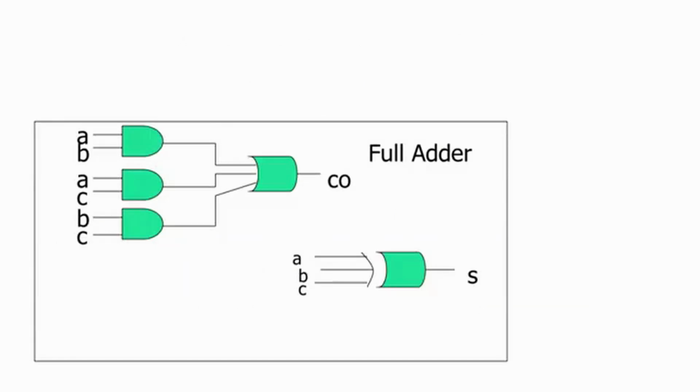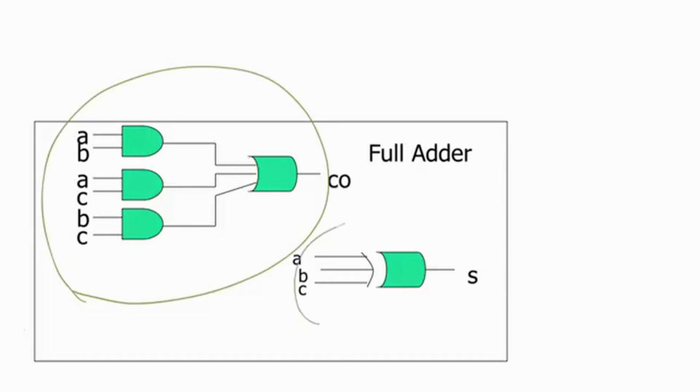The carry out is AB plus AC plus BC, and the sum bit is A XOR B XOR C. We also saw how we arrived at these equations by using a simple Karnaugh map, or truth table.